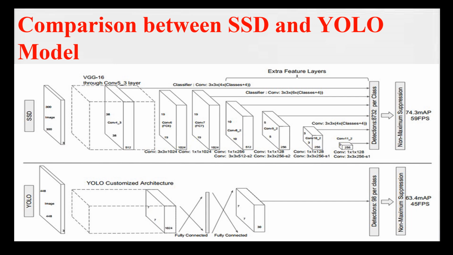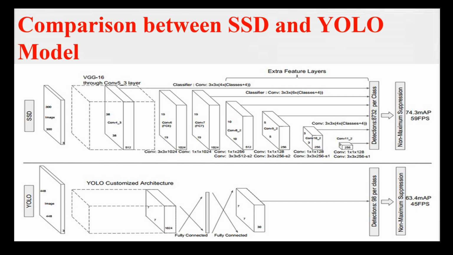And then we have a comparison between YOLO and SSD. So we know that YOLO, or You Only Look Once model, is a predecessor to the SSD model, and it also detects objects in a single pass, but it uses two fully connected layers, while this single shot detector uses multiple convolutional layers.